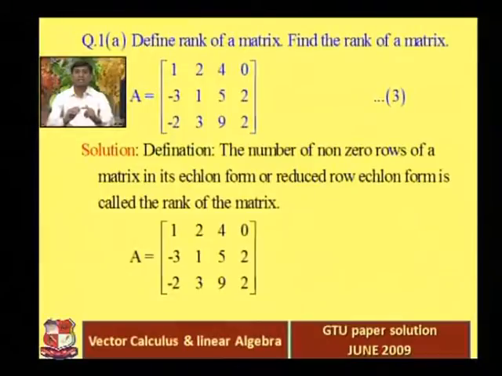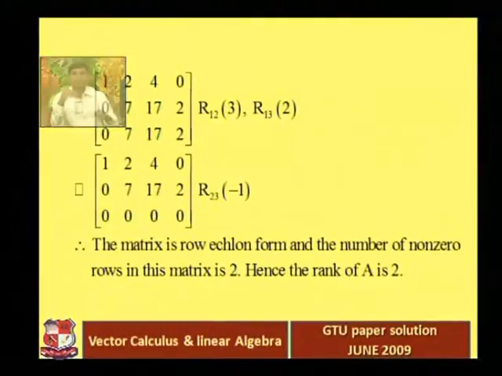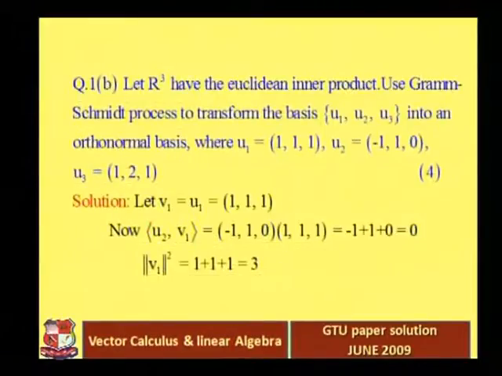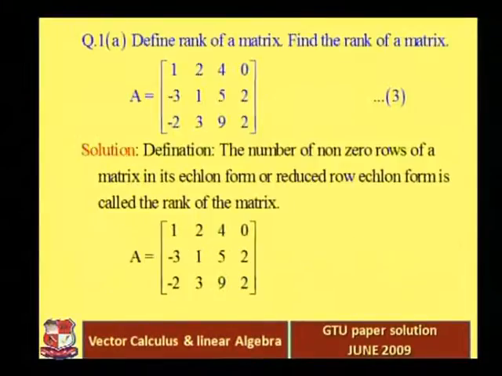So the first condition is, if there is any leading entry, below that leading entry all the elements should be 0, right?